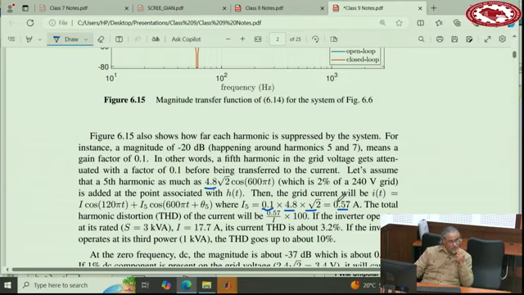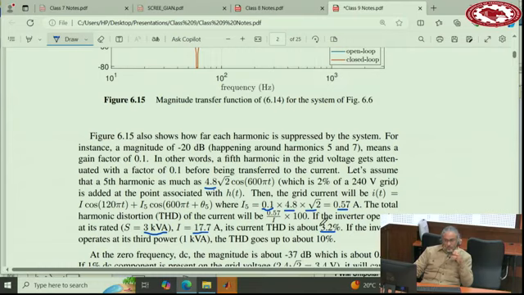0.57 will be the peak of the harmonic 5 of the current. How much was the total current? Let's say you are operating at 3 kVA, the peak will be 17.17. Then you divide this by this one to get THD. THD will be 3.2%.